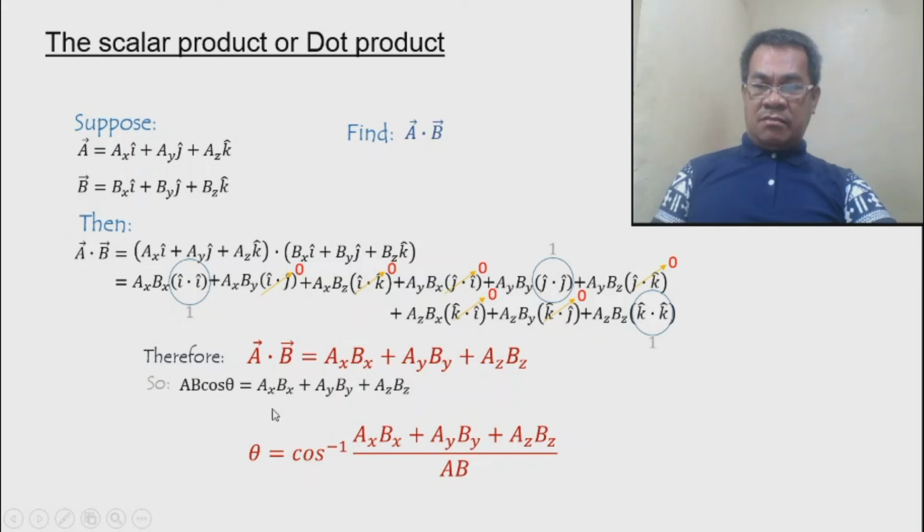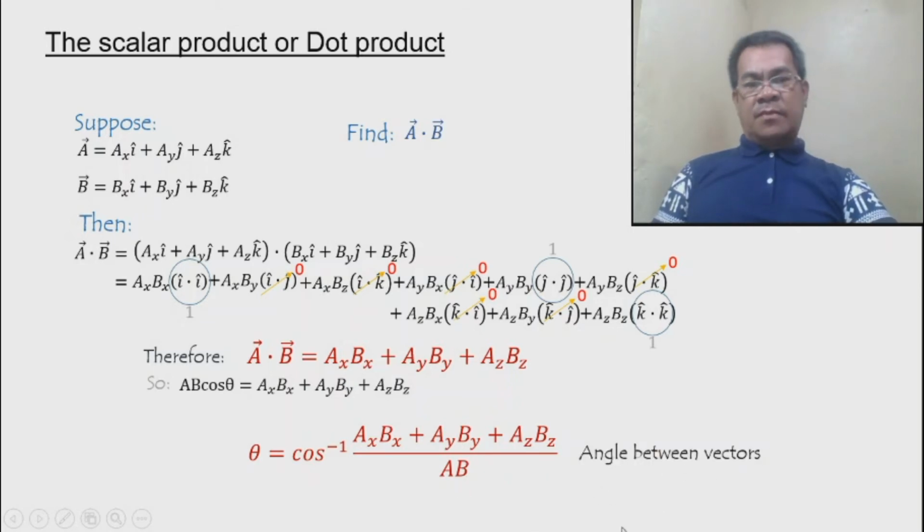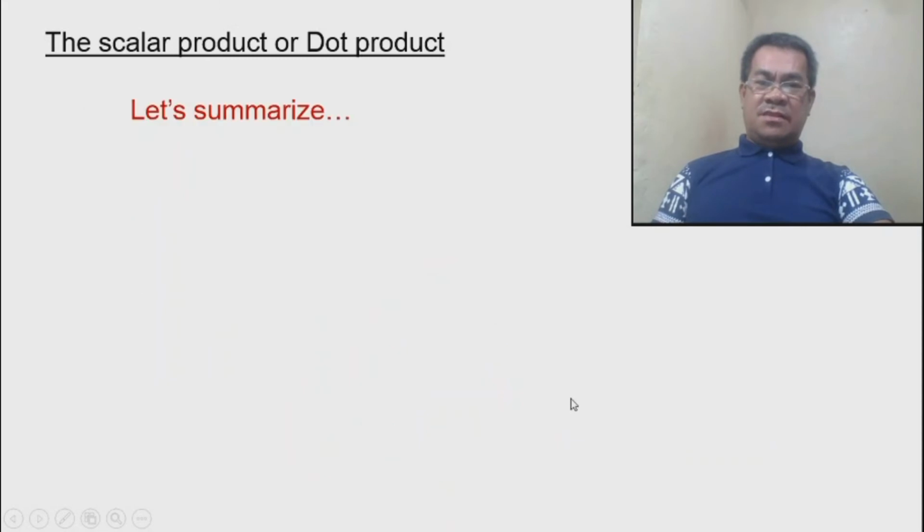Then take inverse cos or arc cos. So this is AX BX, AY BY, AZ BZ, meaning this is A dot B, then divided by the magnitudes of A and B. So this is the formula in finding the angle between two vectors. Okay? That's it. Very simple.